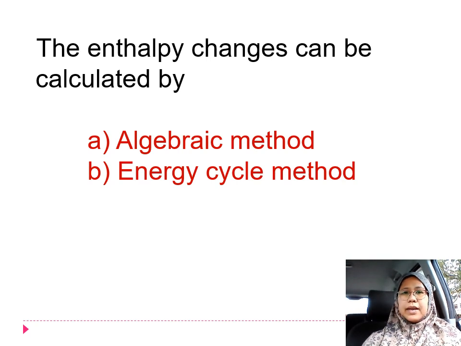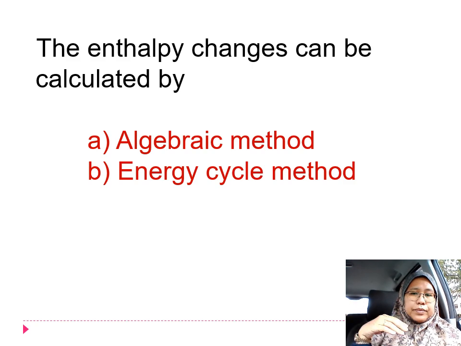Enthalpy changes can be calculated using two methods. Algebraic method is the method that is mostly preferred by students because in every equation that you do, if it's not correct, it would be detected at the end of the process. But for energy cycle method, it involves a cycle.